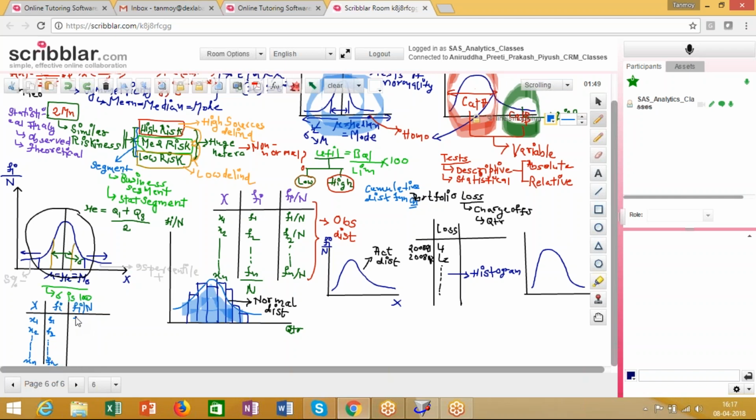So over here what I have is f1 by n, the relative frequency is f2 by n, up to fn by n, right?